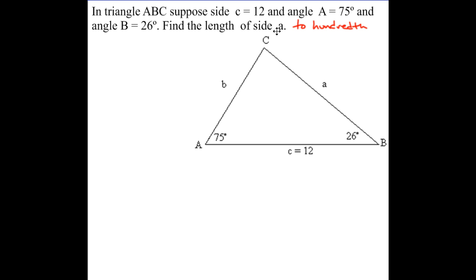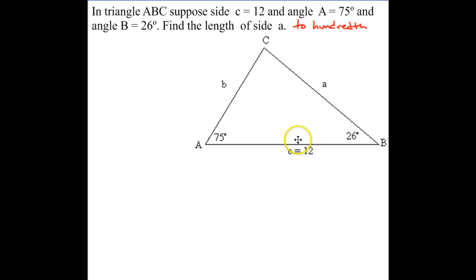Right now I want you to figure out which version of the law of sines, in other words, which pairs of angles and sides, are going to be useful for us to find what we want. We're trying to find side A. We have known angle A, angle B, and side C. It would be really nice if we knew angle C to match up with side C, right?